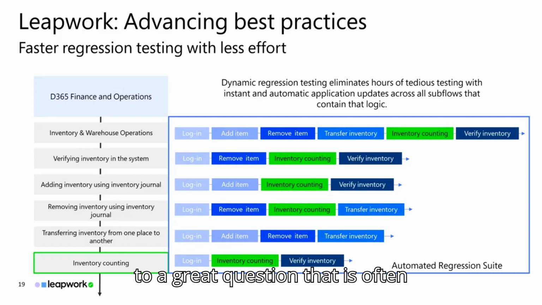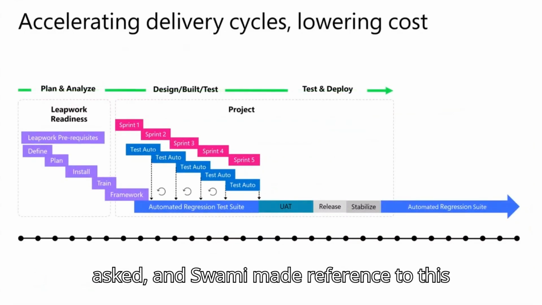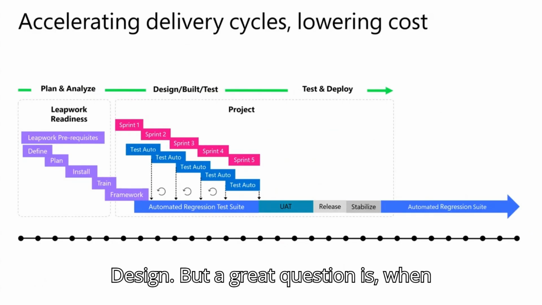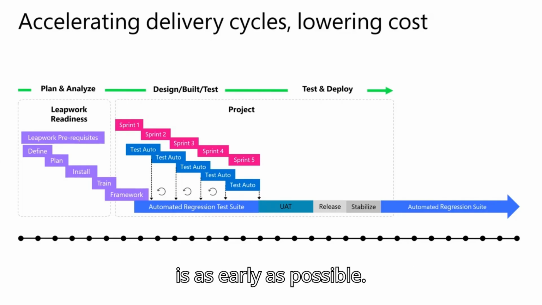So now moving on to a great question that is often asked, and Swami made reference to this at the beginning as part of success by design: when should you start thinking about automation? And the recommendation is as early as possible.